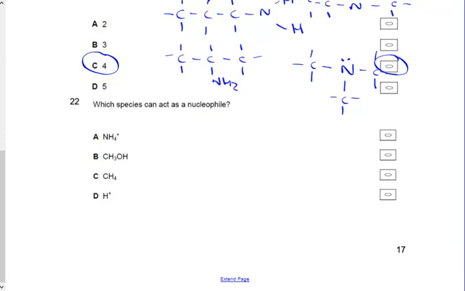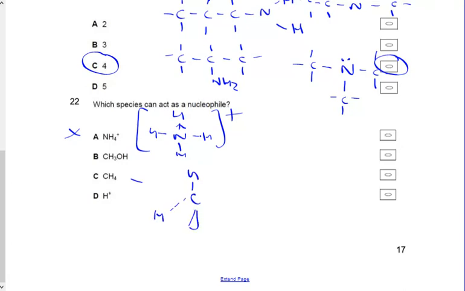So that cannot be a nucleophile, as there's no lone pair. Methane: there's no lone pair on the carbon or the hydrogen. A proton has no electrons at all.